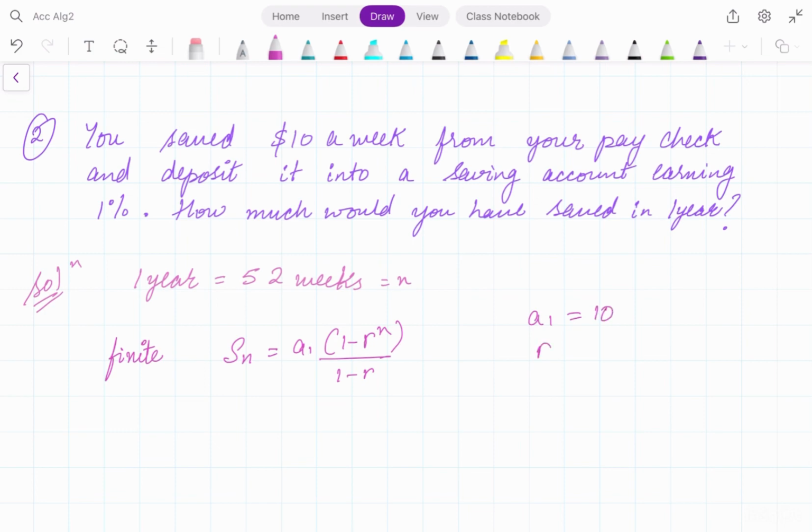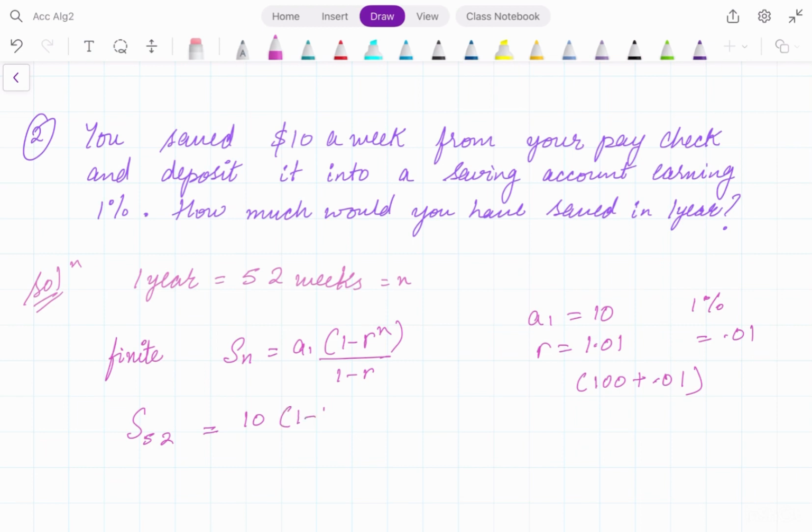So I have a finite formula here. a1, that means the starting amount, is 10. Now, the rate is not 1. You are earning 1%, so 1% is 0.01, and that is your earning on 1. So it will be 1 plus 0.01, so the rate is 1.01 because it is your earning.